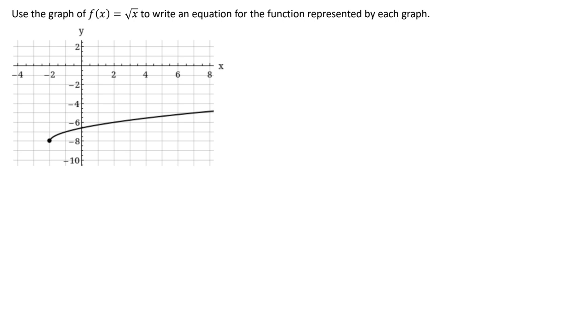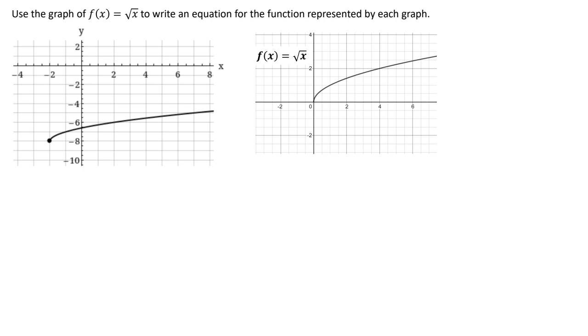But if we see here, this graph has the same shape, but it's at a different location. It went through some transformations. This is what we call our parent function, our basic function. This is where this graph came from.